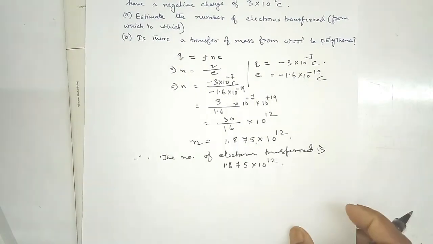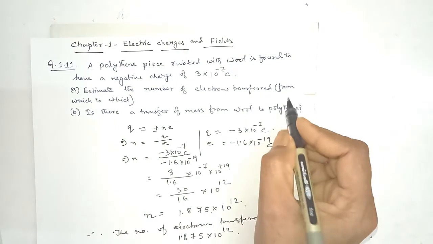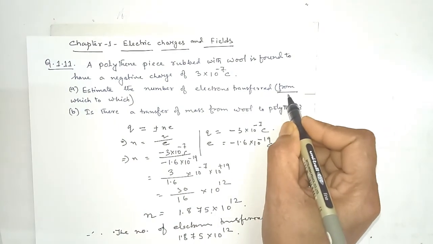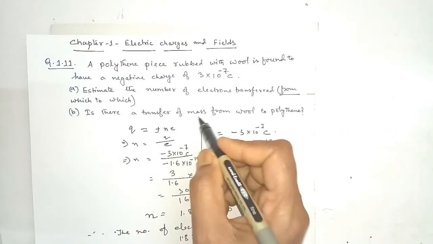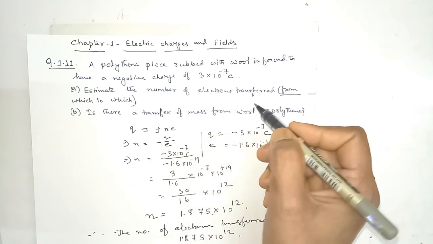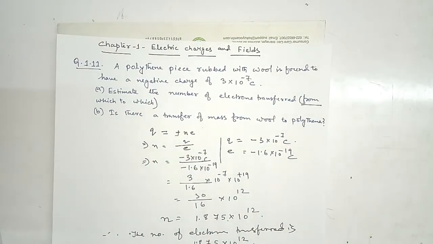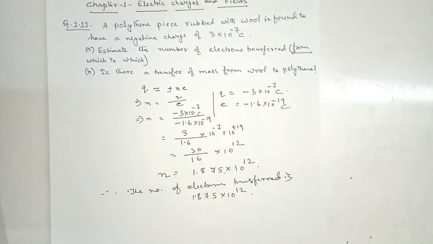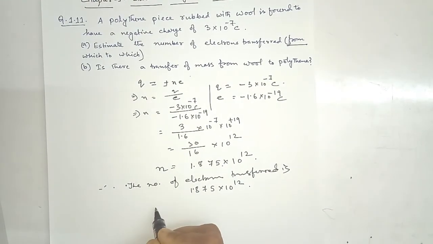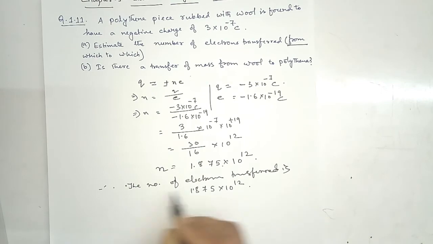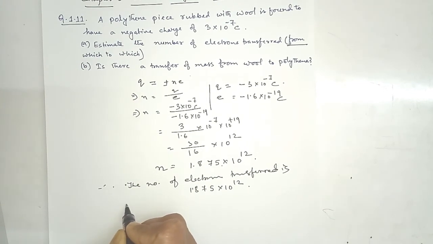Okay, so there is another part, that is from which to which the electrons are transferred. Here the electrons will be transferred from wool to polythene.